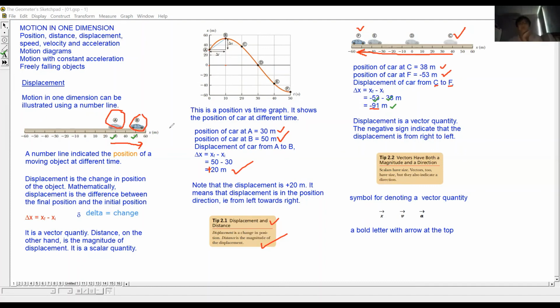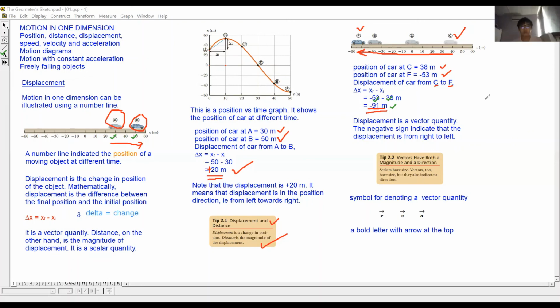This one is moving to the left. So can you explain why here it is positive 20 while here it is negative 91? Why is one displacement positive and the other negative? Because of the direction. Towards the right is positive, towards the left is negative.